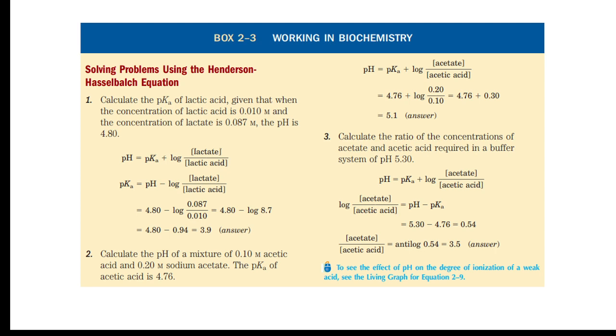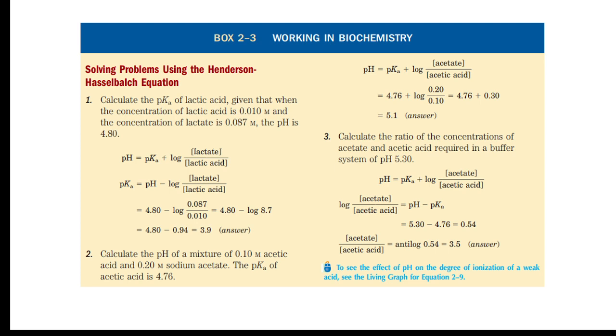By substituting the values in the Henderson-Hasselbalch equation, pH is equal to pK plus log molar concentration of acetate divided by molar concentration of acetic acid, we get 4.76 plus log of 0.2 divided by 0.1, which is equal to 4.76 plus 0.3, and the answer is 5.1. So, the pH of the mixture is 5.1.